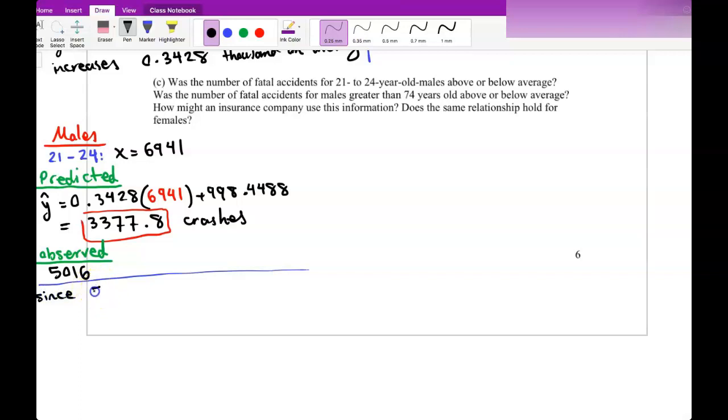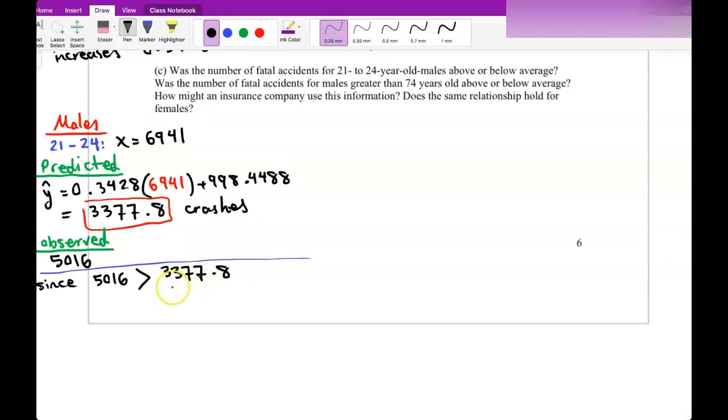Since observed value 5016 is greater than predicted value, this is above average.